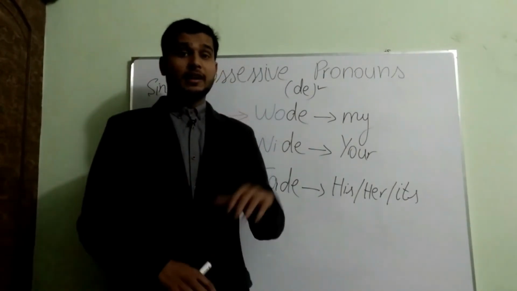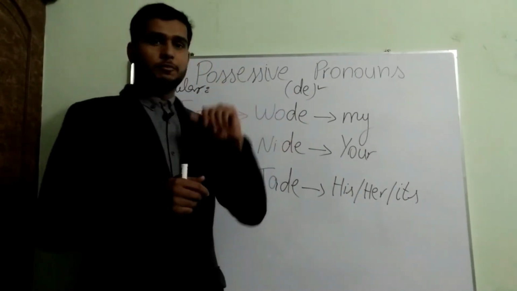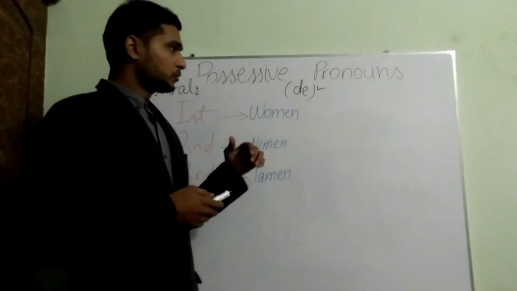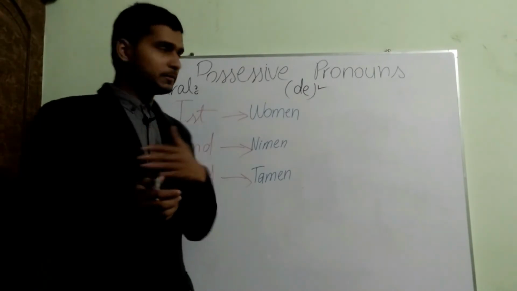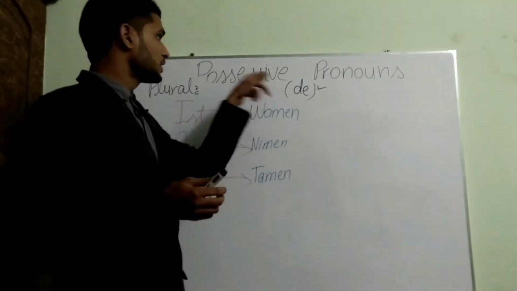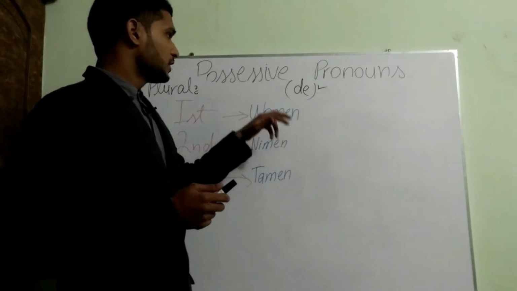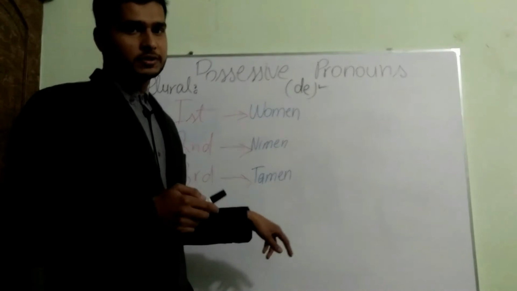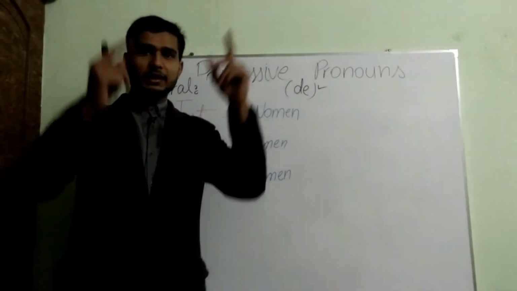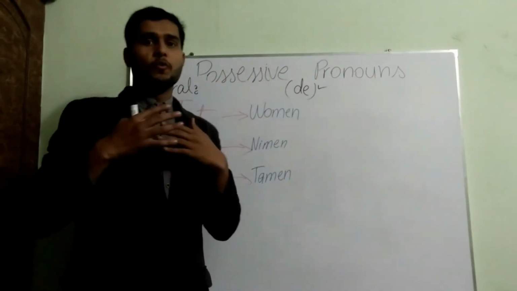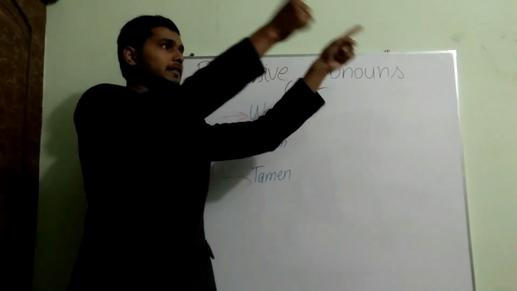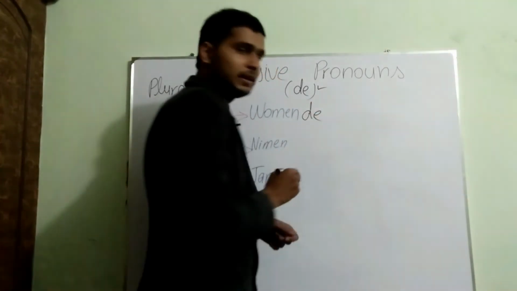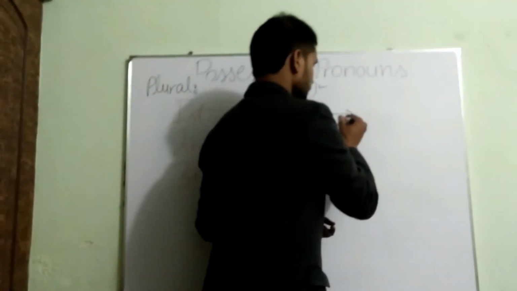Now let's see the plural part of these possessive pronouns. We do the same thing as in the singular part. We just put de after these plural subject pronouns: wǒmen, nǐmen and tāmen. If we put de after wǒmen, it becomes our.